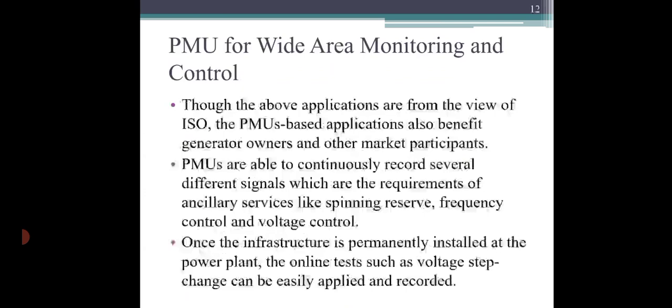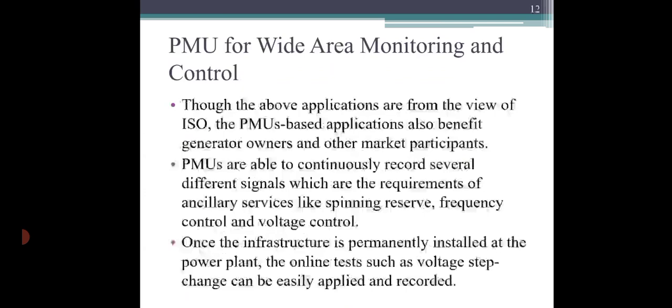PMU for wide area monitoring and control. Though the above applications are from the view of the ISO, PMU based applications also benefit generator owners and other market participants.